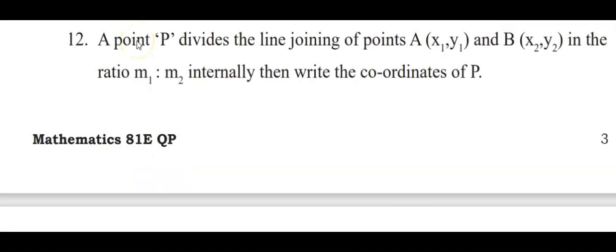Next question, number 12. A point P divides a line joining points A of x1, y1 and B of x2, y2 in the ratio m1 is to m2 internally. Then write the coordinates of point P. Let me solve this case. See here, students. We have a line AB. The coordinates of A are x1, y1.